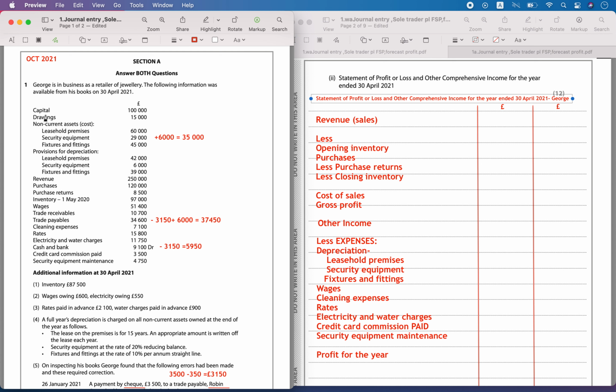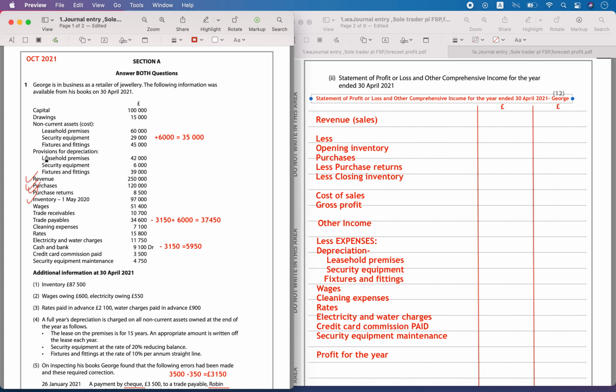So as soon as you see it, what is going to go in? First one is revenue. Then any opening inventory plus purchases, and then less the purchase returns, and then you have closing inventory.